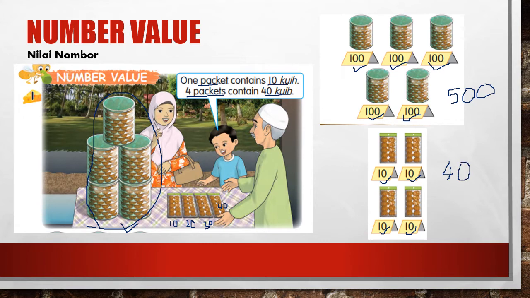So we have to add 500 to 40. What is the total number of kueh? 500 plus 40 is 540.